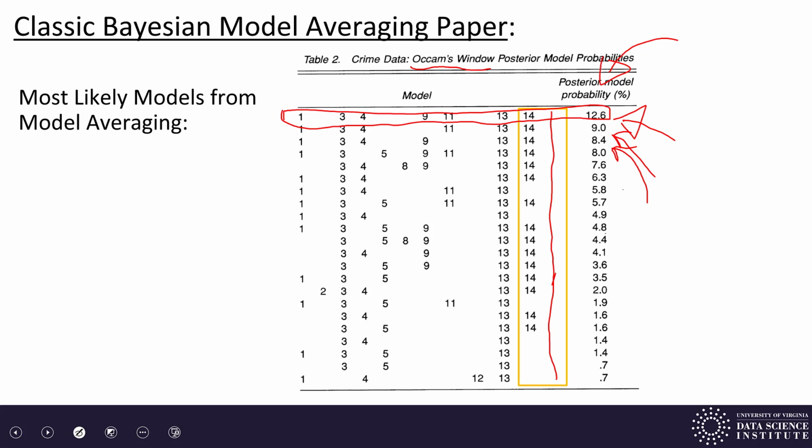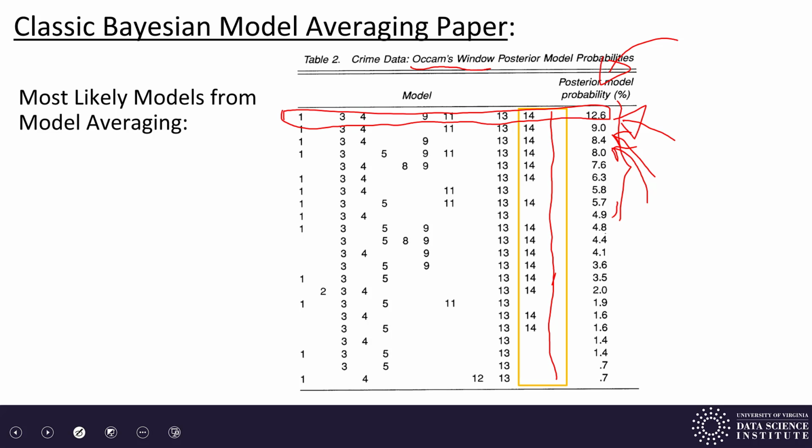The model after that has a probability of 8.4 and then 8, and they're slightly different, excluding or including some different variables. So there's not a drastic difference in likelihood in the top models. There are a couple of models here that should be considered.